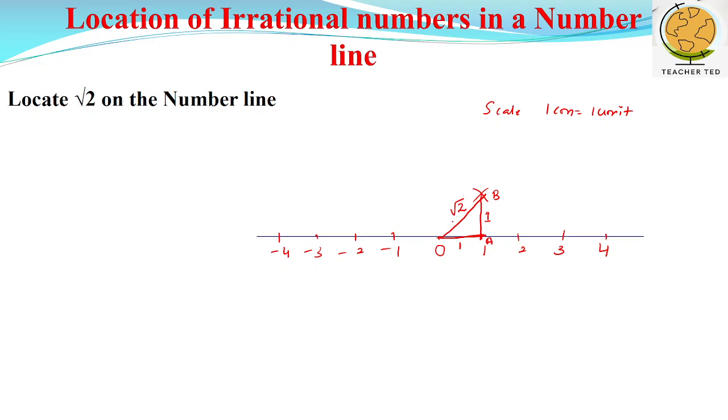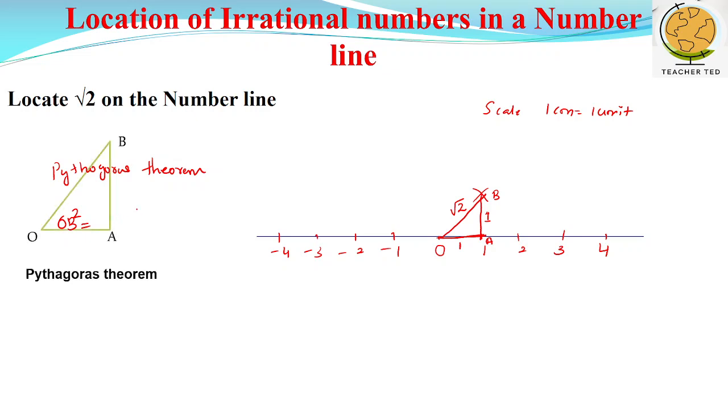So how is it root 2? Again you go back to your fundamental theorem, the Pythagoras theorem. Pythagoras theorem states that the square of the hypotenuse, that is OB square, in this right angle triangle, is equal to OA square plus AB square.